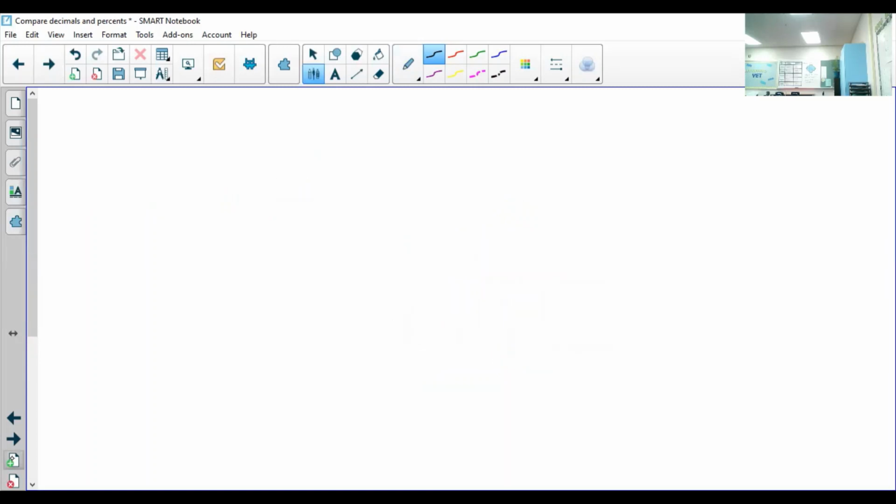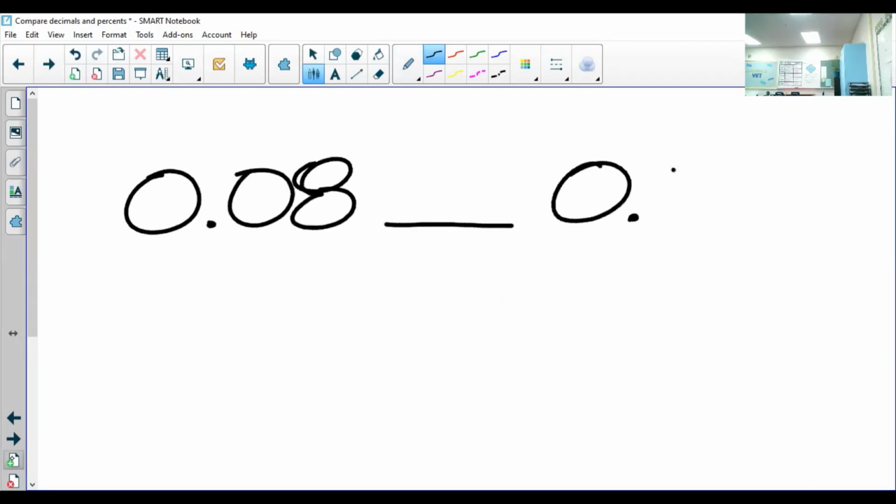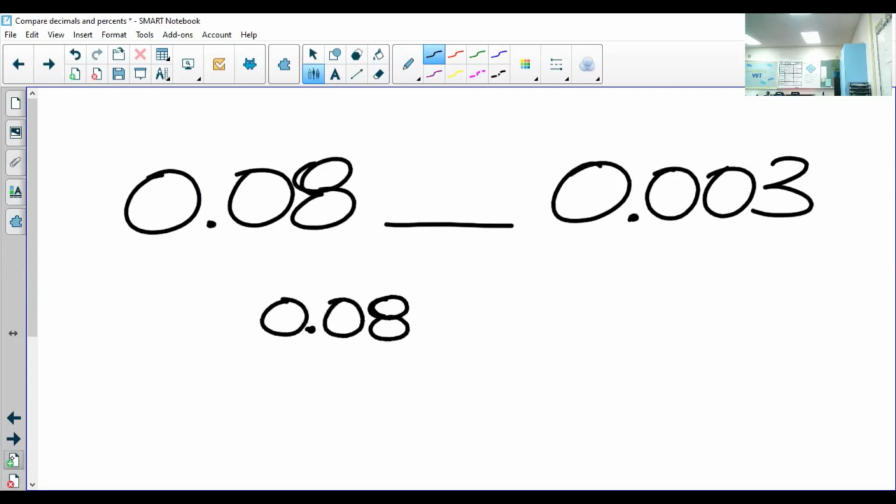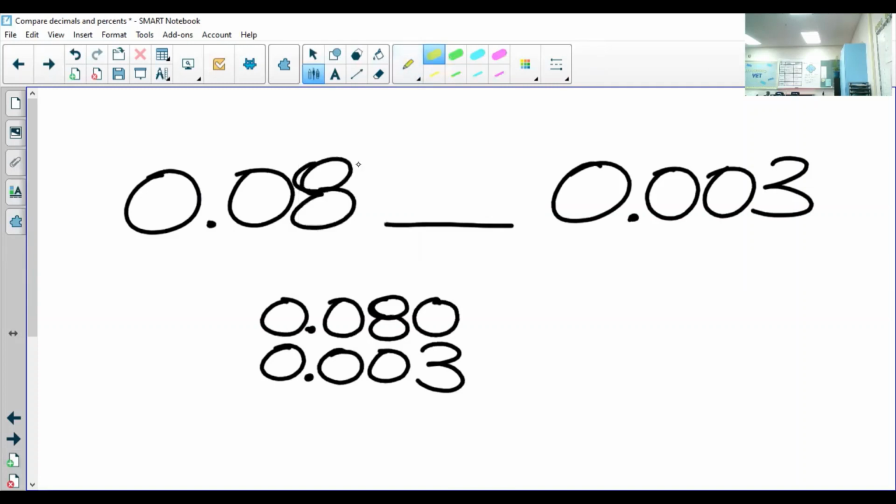So what if I had something like this? Bunch of zeros. Okay, I have 8/100 and 3/1000. Let's line them up. And then I've got 0 and 3/1000. Okay, I'm going to fill in this spot with a 0, grab my highlighter, and let's check.